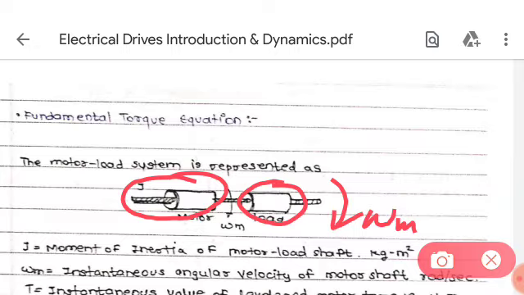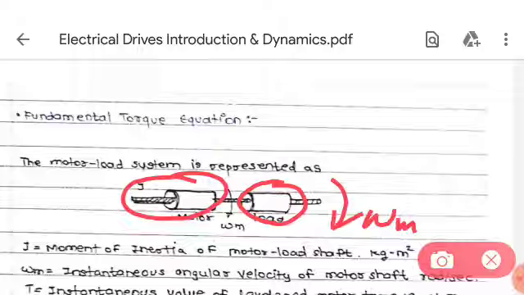radians per second. So in electric drives we generally represent speed in radians per second. In machines you are having the habit of denoting the speed with n and its unit is revolutions per minute, rpm, but here it is radians per second.